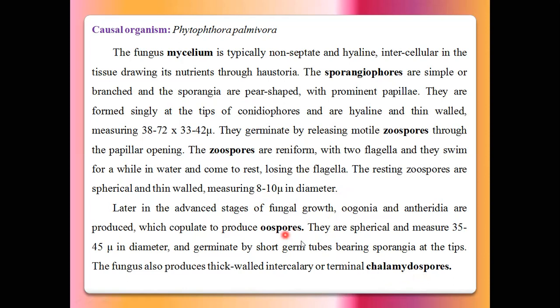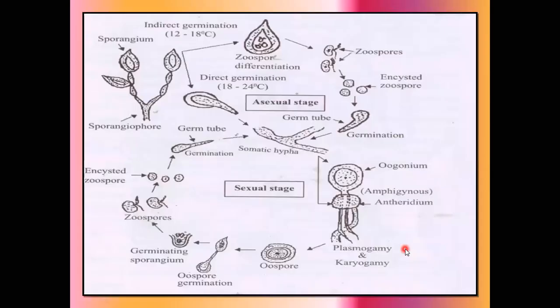The oospores and chlamydospores are formed by the sexual method and vegetative method respectively. You see the life cycle of Phytophthora palmivora.